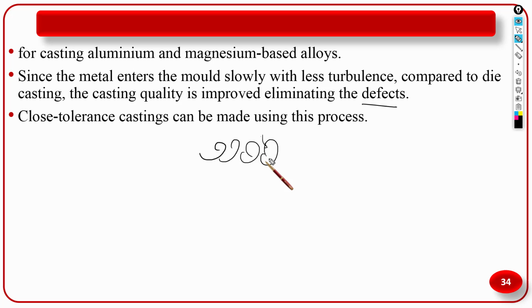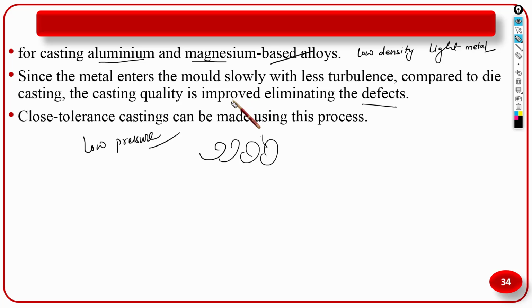So that's why it has been suggested that for this kind of materials, which have low density, meaning they are light metals, isn't it? It was really difficult in vacuum die casting to cast these materials, and that's why low pressure die casting was developed for aluminum and magnesium based alloys.